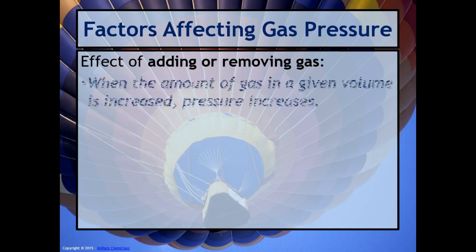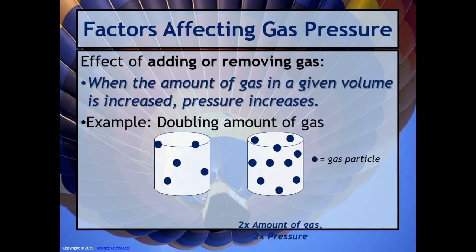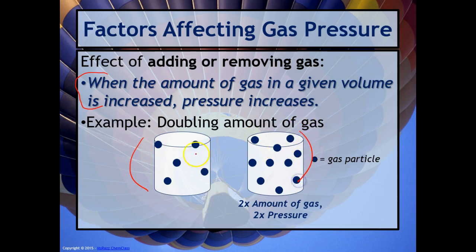All right, factors affecting gas pressure. Effect of adding or removing a gas. Here's what we need to know. When the amount of gas in a given volume is increased, pressure increases, which makes sense, right? Doubling the amount of gas doubles the pressure. Here you have not a lot of pressure.